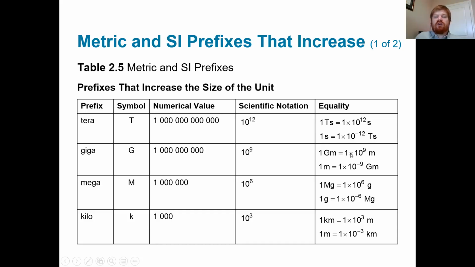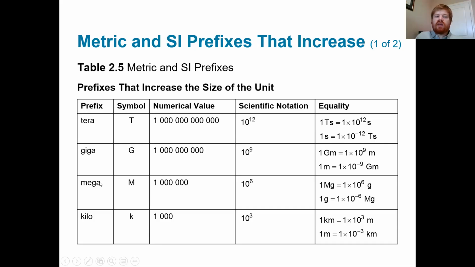So 1 gigameter, for example, is 1 billion meters. The distance from one star to another, you could use gigameters, or probably you'd use terameters at that point. But 1 gigameter would be 1 billion meters, or 1 times 10 to the 9th meters.